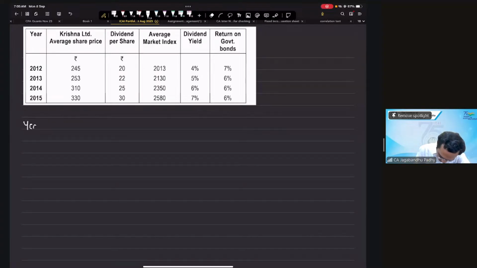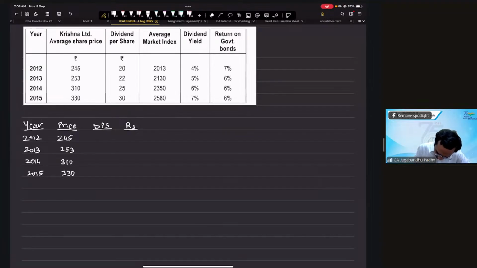So we'll write price, dividend per share, and then the return of the security. For 2012, 2013, 2014, 2015, prices are 245, 253, 310, 330. Dividend per share is 20, 22, 25, and 30.